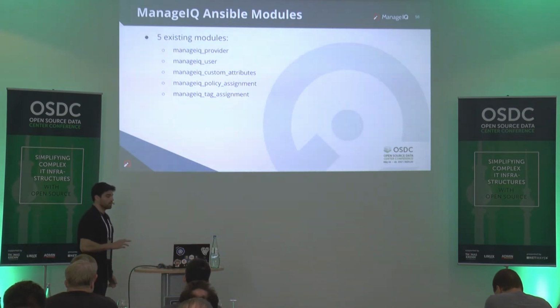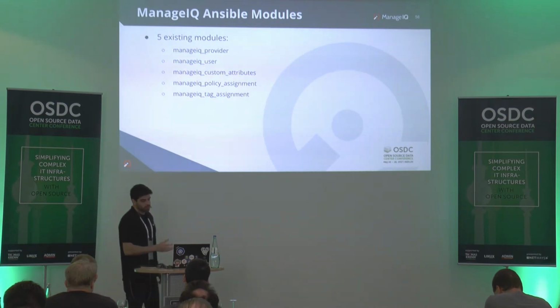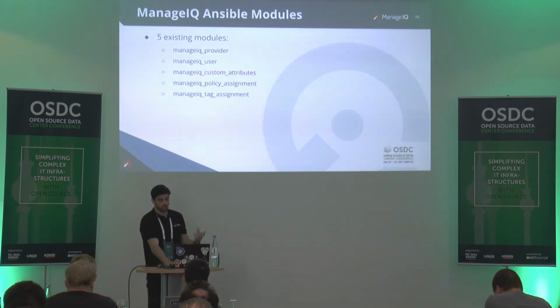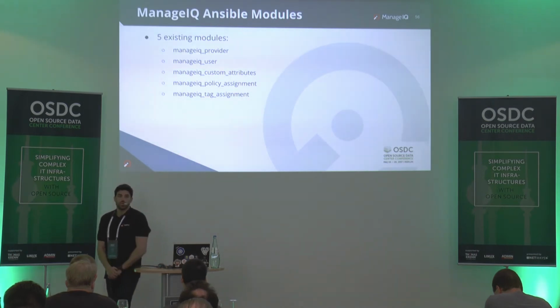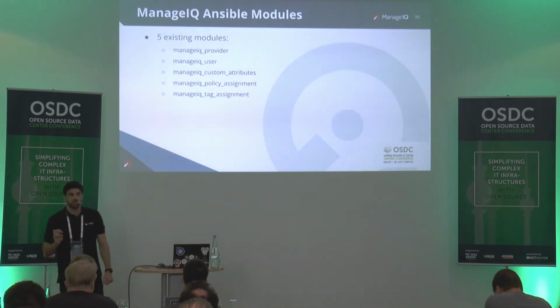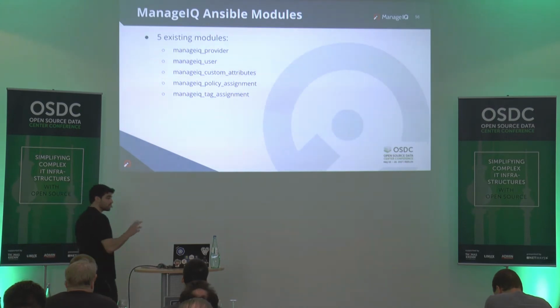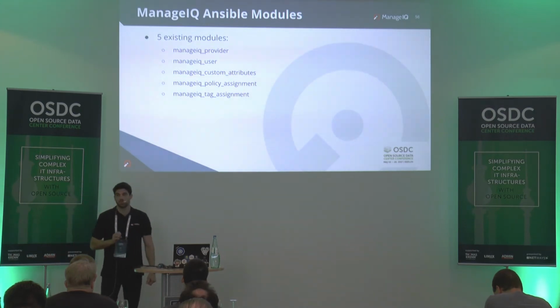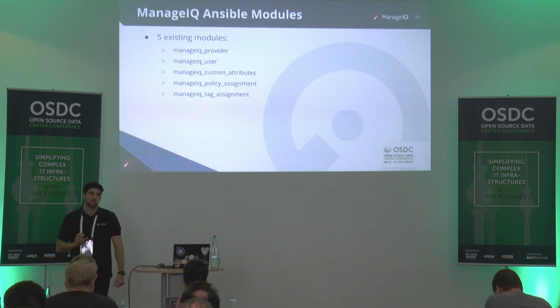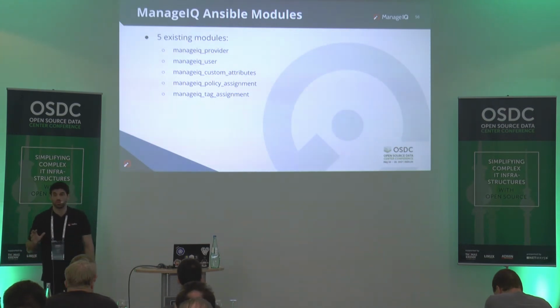We are working on the ManageIQ group module, which will help with the permissions. Custom attributes in ManageIQ is basically a key value pair. It can also have a section, but this is for namespacing, so a key value pair where every custom attribute has a name and a value.